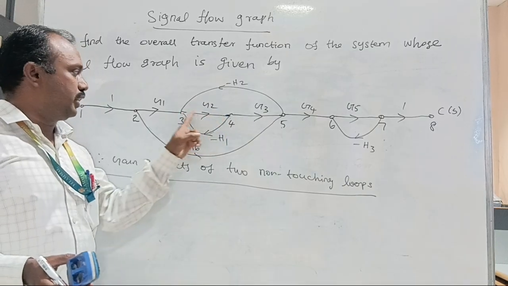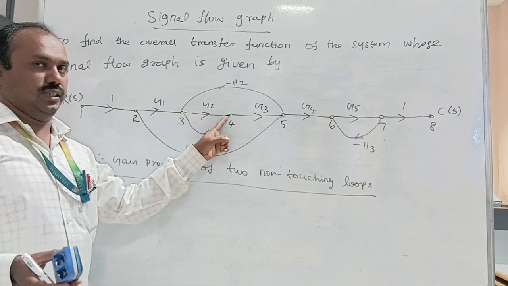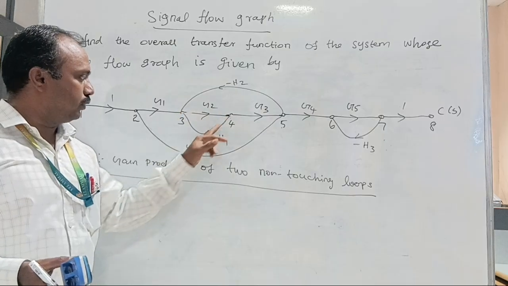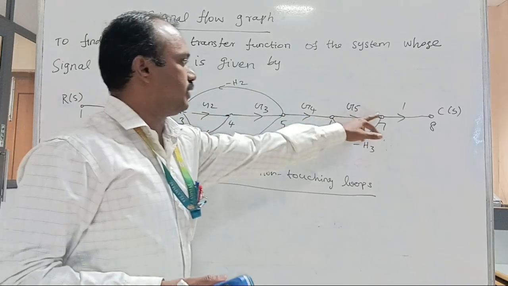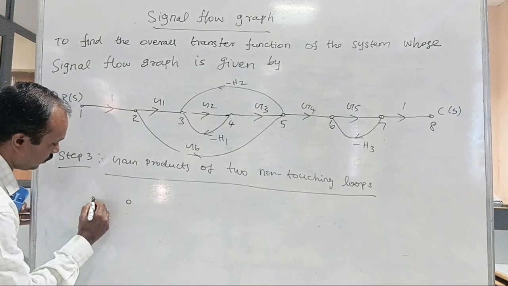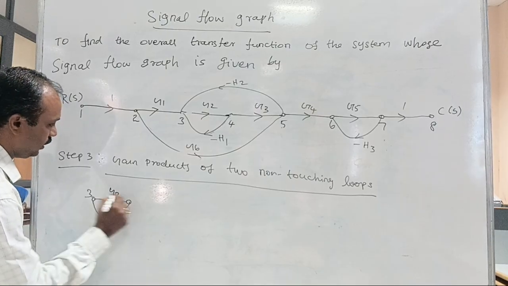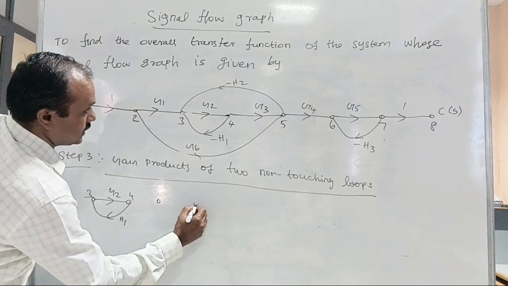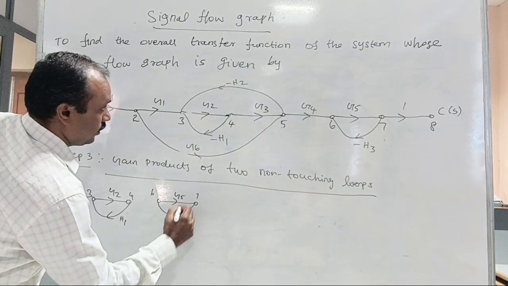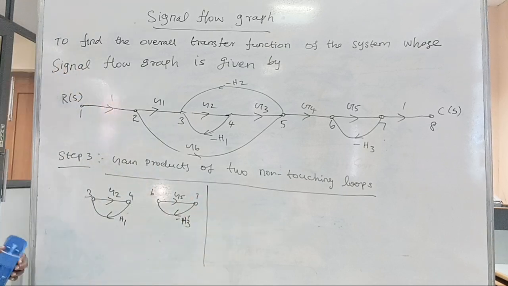The second loop is 3, 4, 5, and these two are touching loops. But the 6, 7 nodes are non-touching with 3, 4. Therefore, one non-touching pair is loop 3, 4 with minus H1 G2, and loop 6, 7 with G5 minus H3.